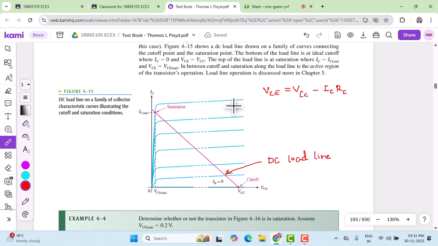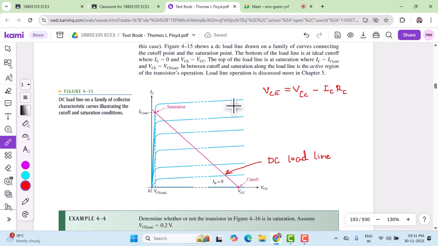So in equation 2, if we make IC 0, VCE becomes equal to VCC. So let us call that point B. Now we have x value as VCC and y value as 0.